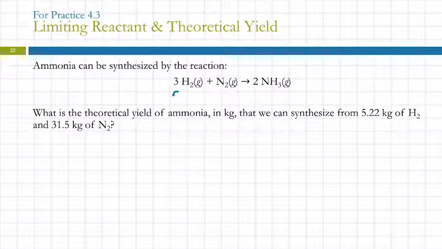So it says I have 5.22 kilograms of hydrogen and 31.5 kilograms of nitrogen. And they're asking, what's the theoretical yield of ammonia? That's this guy over here, the product, in kilograms.